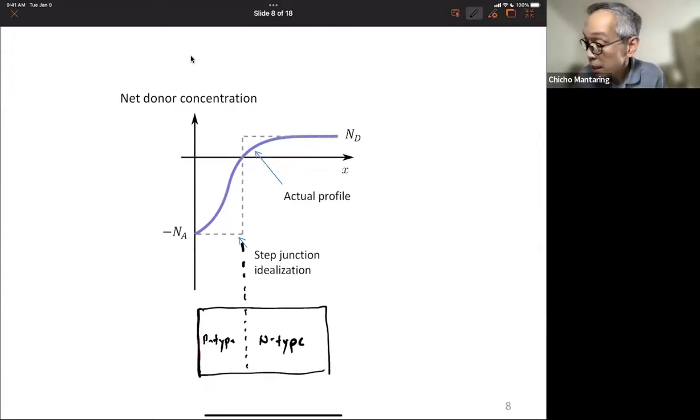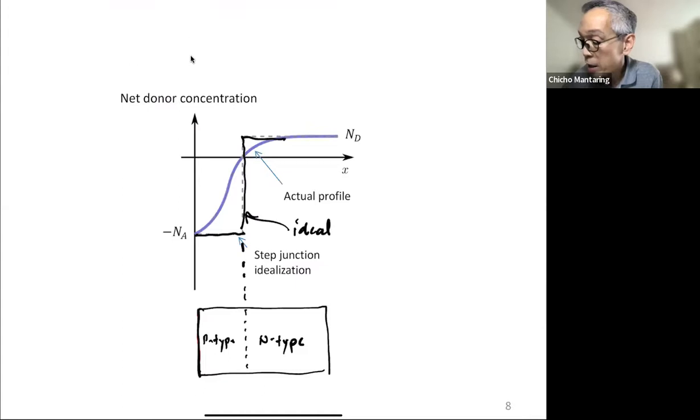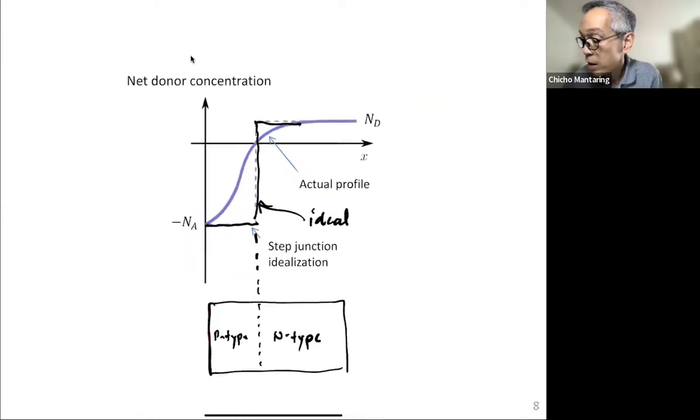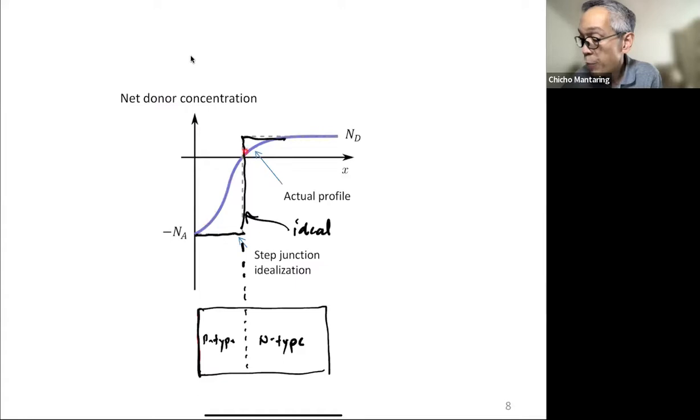Now, ideally, I would have wanted the concentration to look like this. This is the ideal. Okay, this is what we end up with. In our analysis, we're going to assume this is the profile.